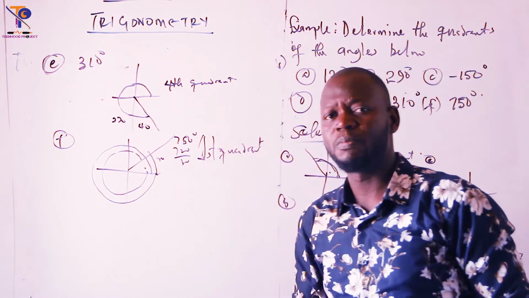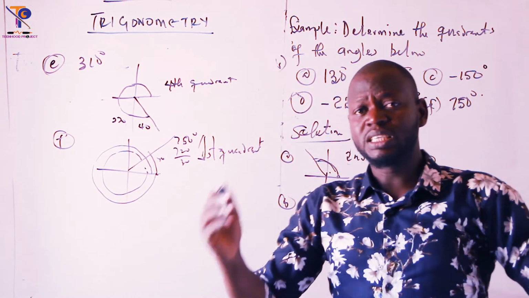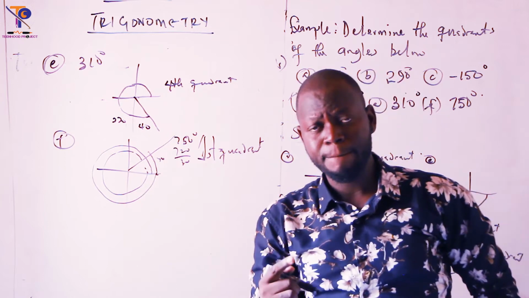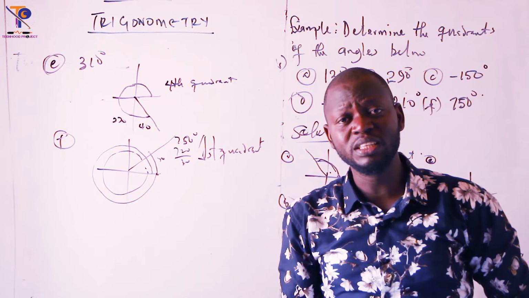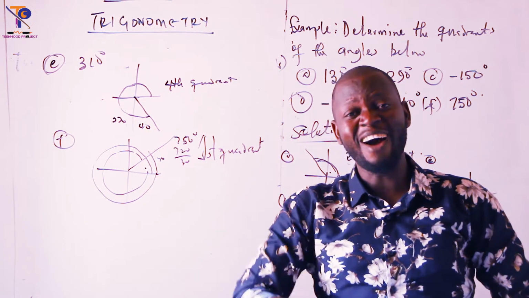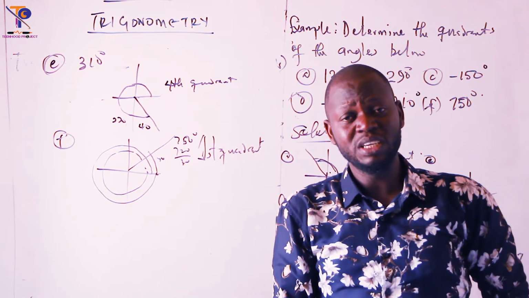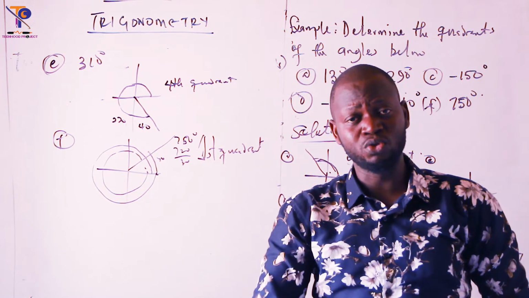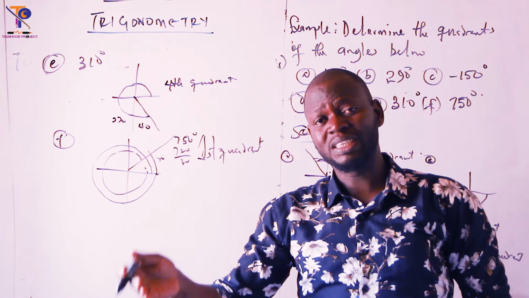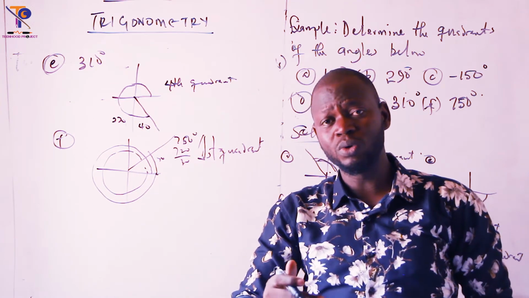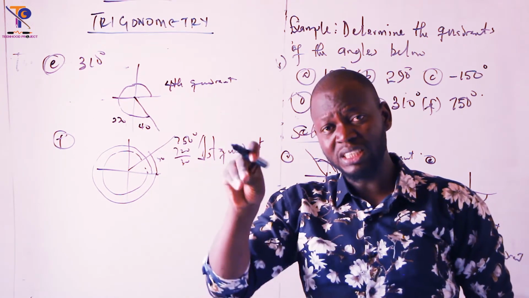Let me take this again. 360 is a revolution. If you are going on 500, 650, 620, 710, they are on the second revolution because they are between 360 and 720. If you are going from 720 to 1080 or so, you will definitely be on the third revolution.